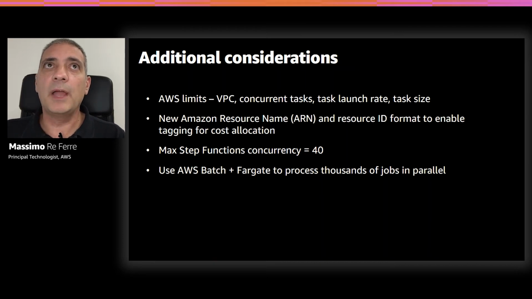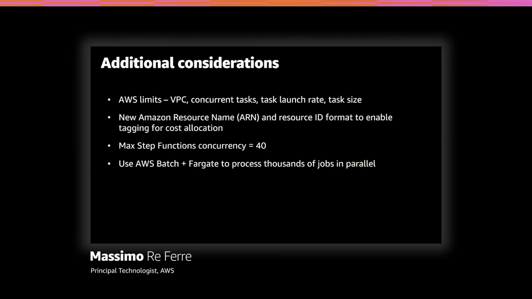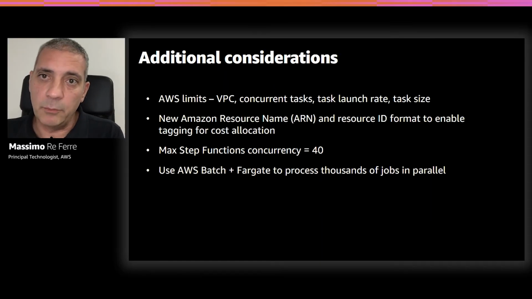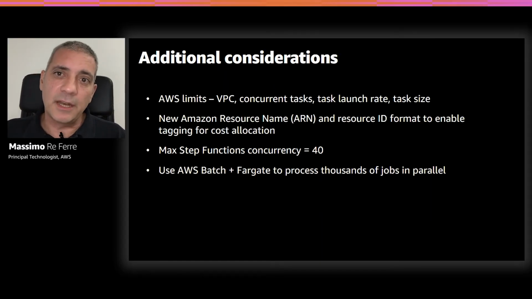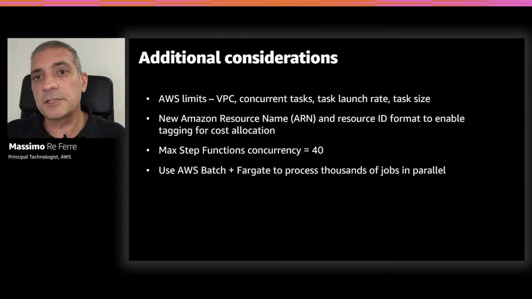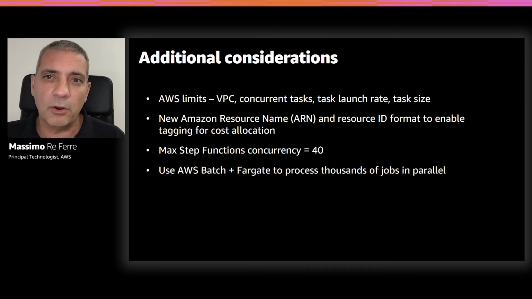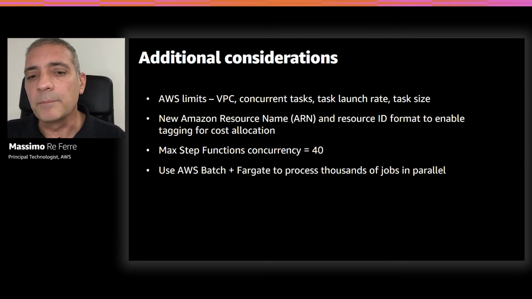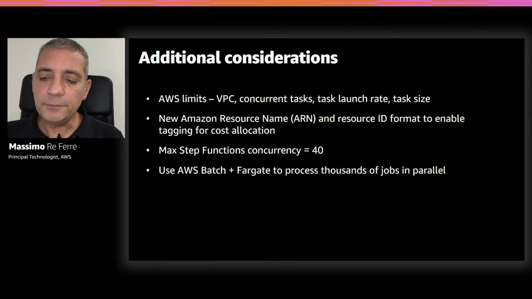I was alluding to the fact that when there is a requirement for more complex logic, you would need to move to AWS Batch. Scale is another reason for moving to AWS Batch. Step Functions has a concurrency limit of 40, as you can see on this slide. So if your workloads are very sophisticated and very big in terms of scale, that may not be enough.